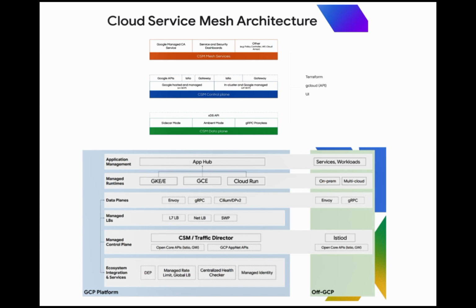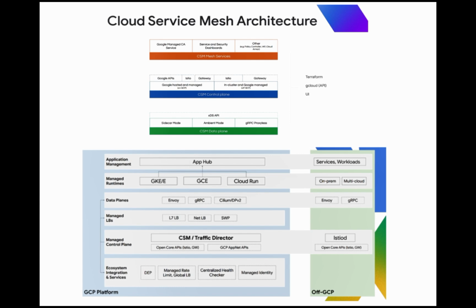In the below diagram, you see it's extended beyond Google Cloud, even to non-Google Cloud environments, like GKE on Azure, GKE on Amazon, or any other on-prem environments. Your control plane is extended beyond Google Cloud.